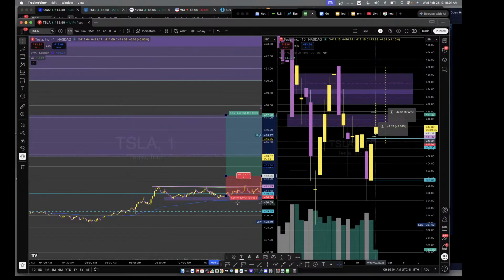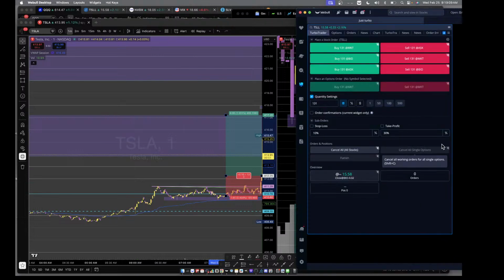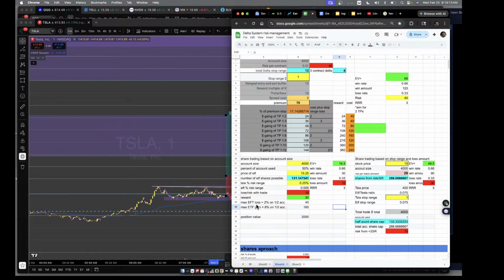1.65. What do we do from there? Okay, we use this 1.65 and we use the price of what we're gonna use. We go to our calculator, we plug in 15. What is it at? Oh, it doesn't matter. Whatever it was at that point. 15. Our stop range is 1.65. Plug that in.